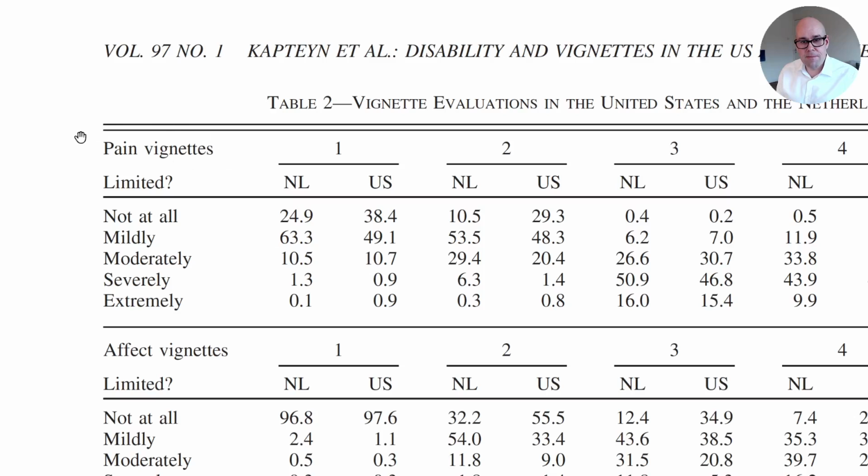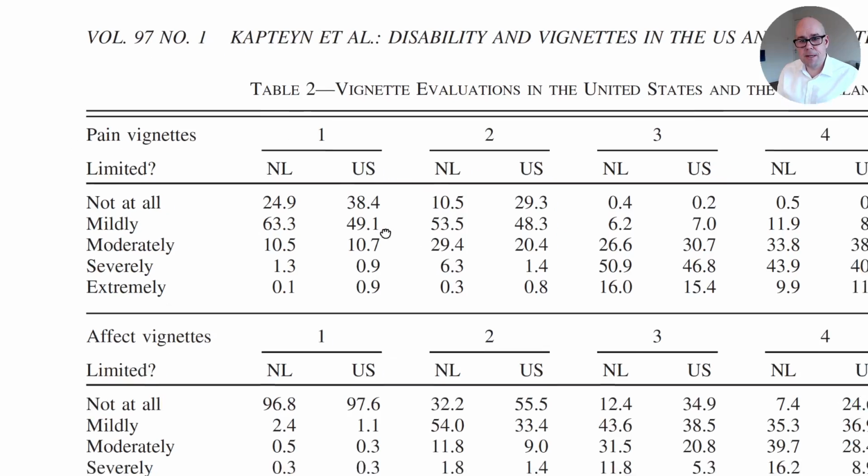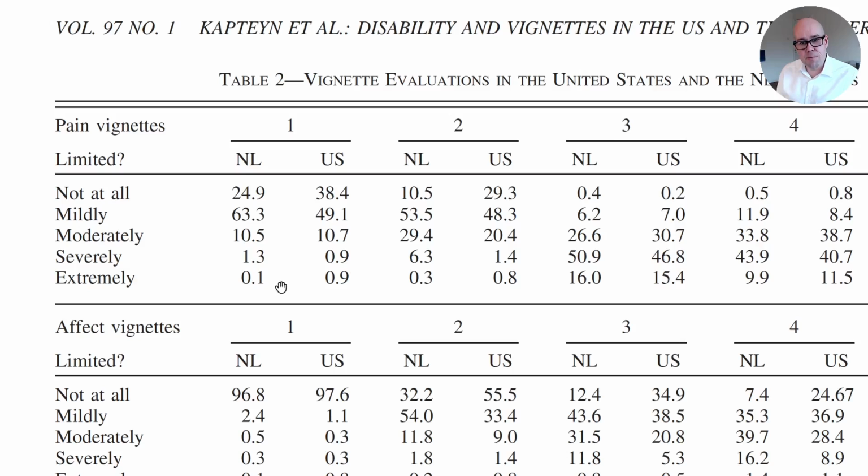Here there's something in table 2, so we get summary statistics on these reports. What we see here is reports for the Netherlands, reports for the US, and here these would be the so-called pain vignettes. Somebody is described who has some form of pain, and then the question is asked, is this person limited in his or her ability to work?